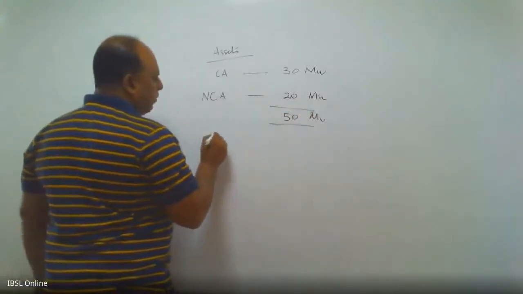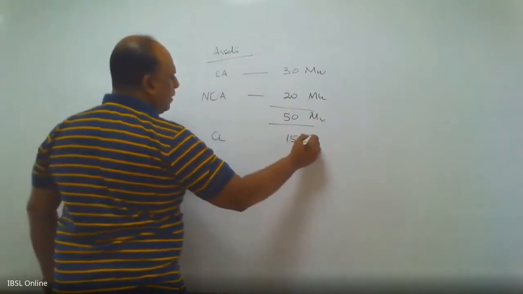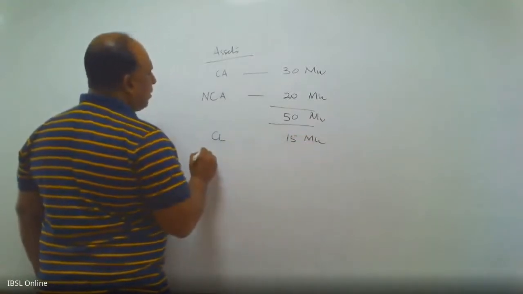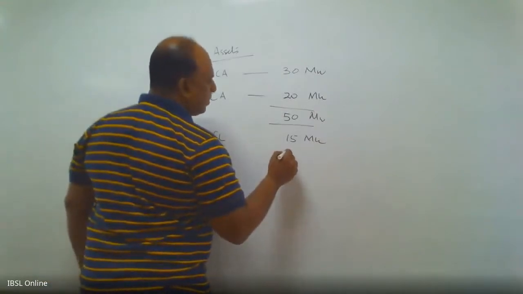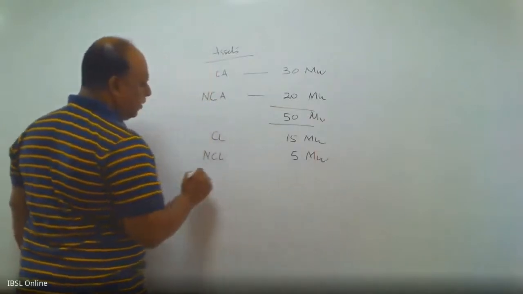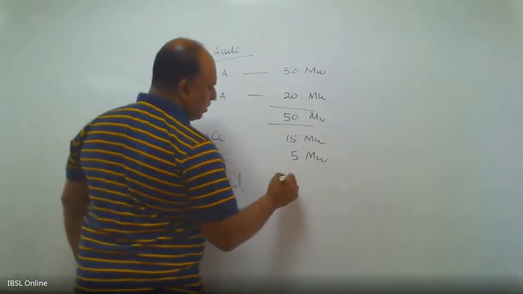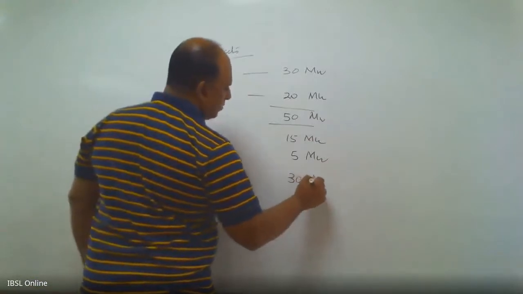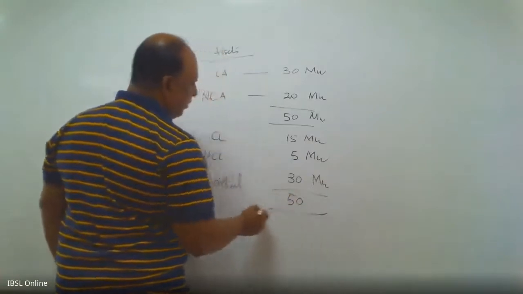Then you have current liabilities of about 15 million, non-current liabilities of about 5 million, and capital of about 30 million. Again, you have a balance sheet of 50 million.